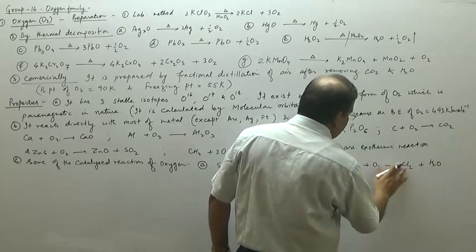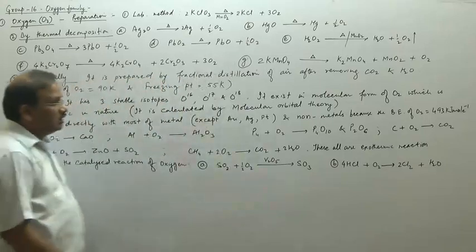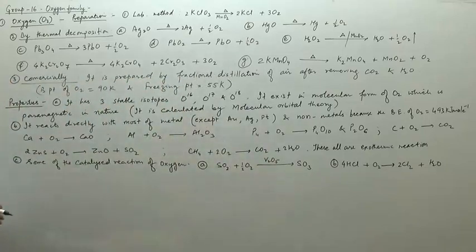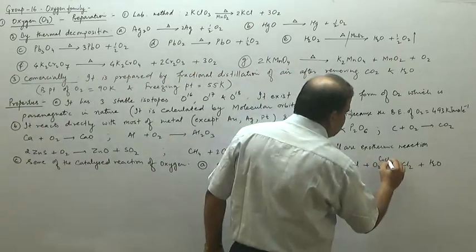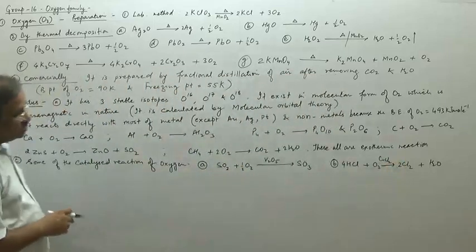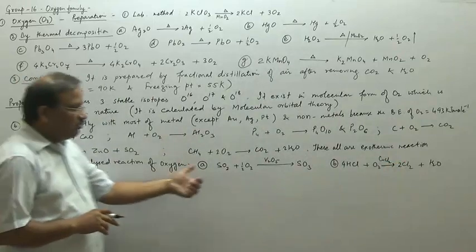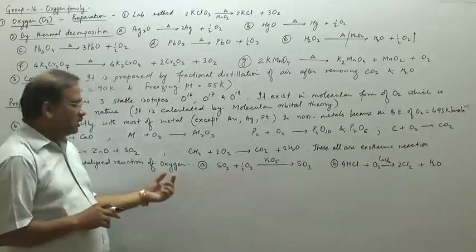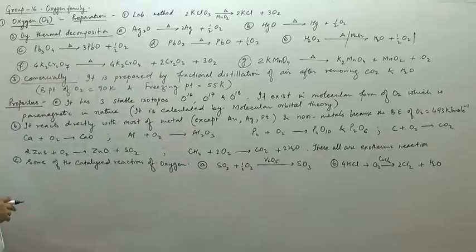That is also a catalyzed reaction, in the presence of CuCl2. So these are the reactions of oxygen with some compounds, like SO2 or HCl, which take place in the presence of a catalyst.